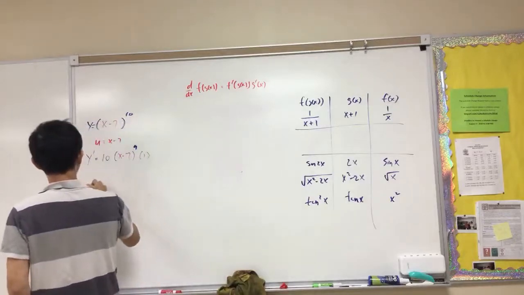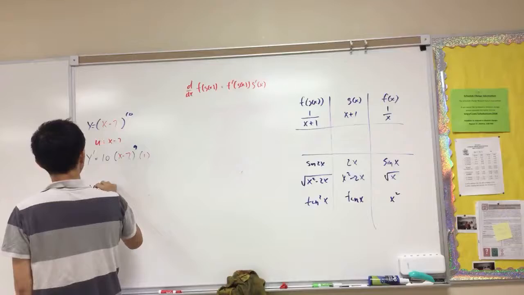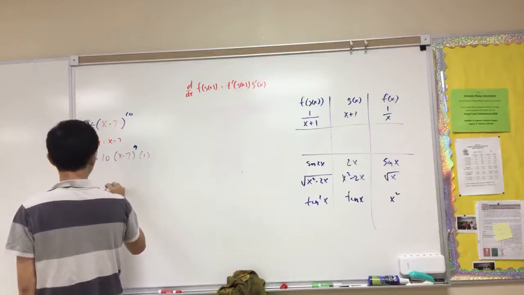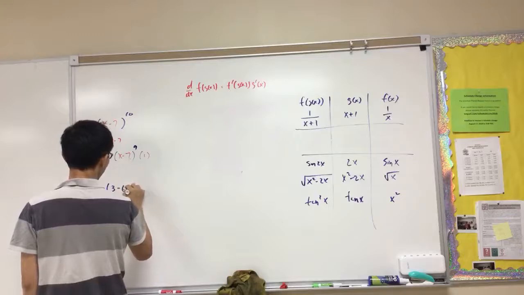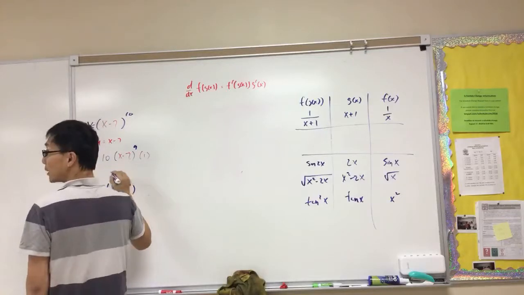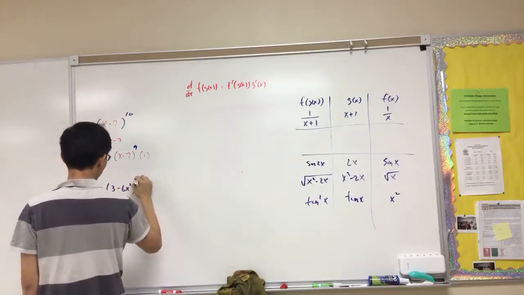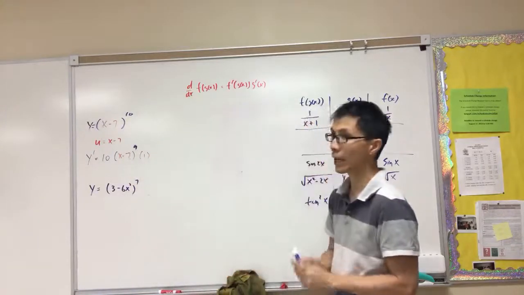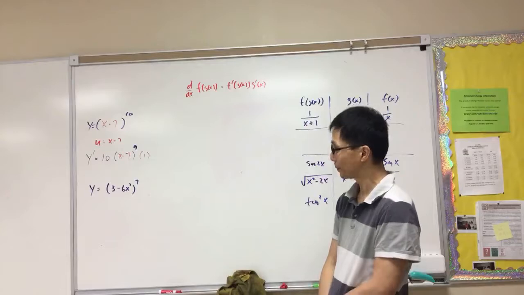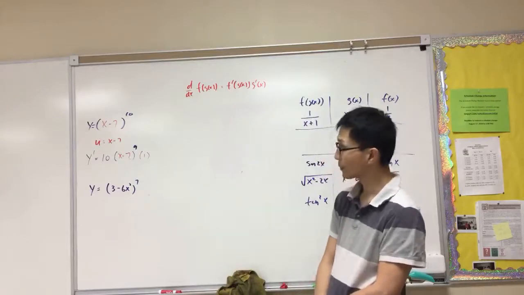Okay, so let me give you another one. y is equal to (3 minus 6x squared) to the 7th power. I want to take a derivative of this. How do I take a derivative? What is that?